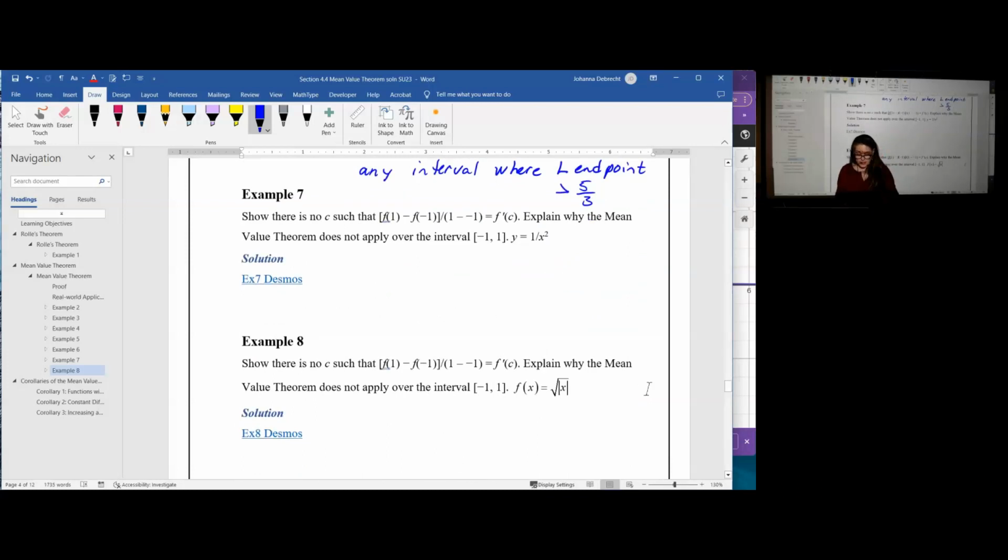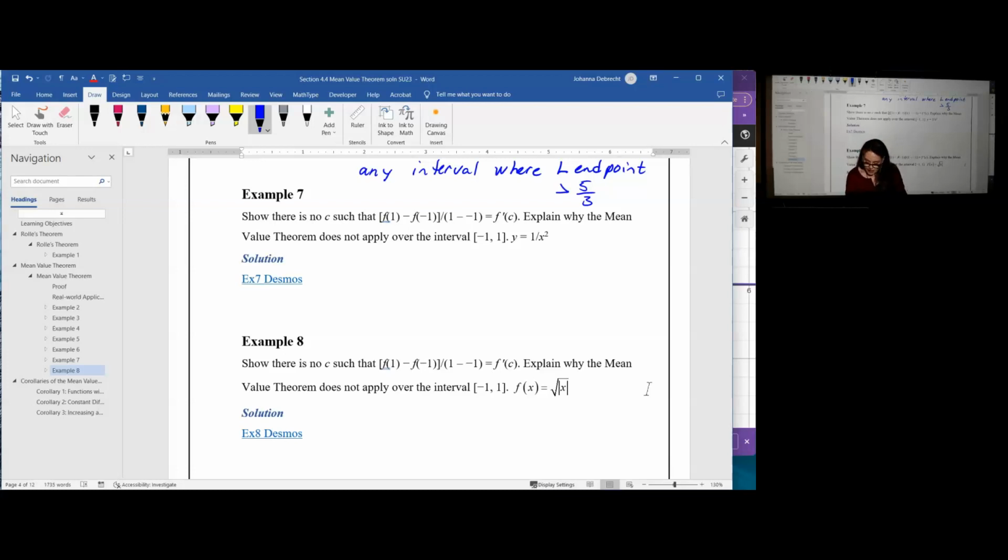In example 7, we want to show that there is no C over the interval -1 to 1, where the slope of the tangent line equals the slope of the secant line. Why does this occur? Well, we need to start with the conditions of the mean value theorem. Is it continuous over that interval? This is a rational function, 1 over x squared, which we know is not defined at 0.